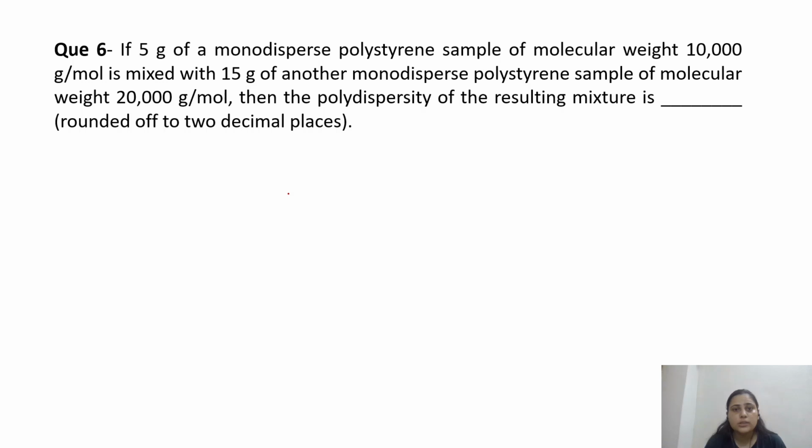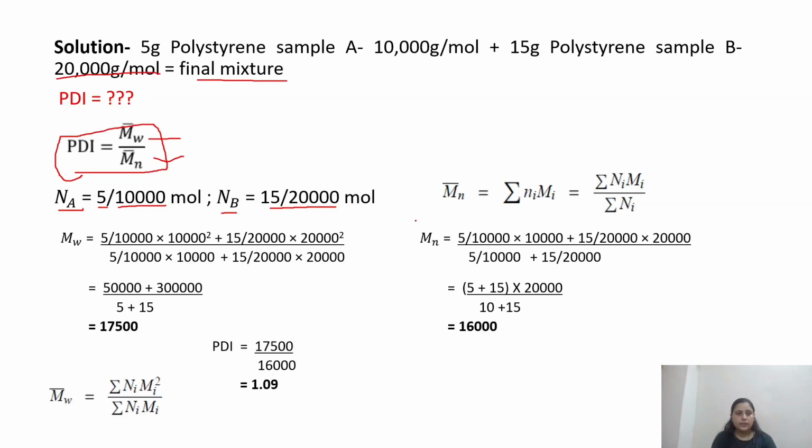So 5 divided by 10,000 gives the moles of polystyrene sample A. Moles of sample B is 15, the gram weight given, divided by 20,000, the molecular weight of sample B. We get the moles of the B sample, NB.